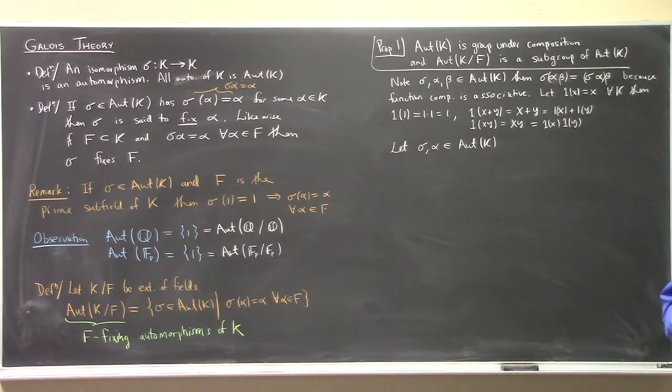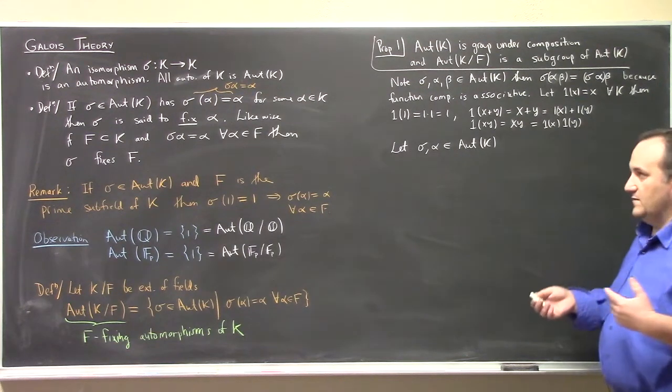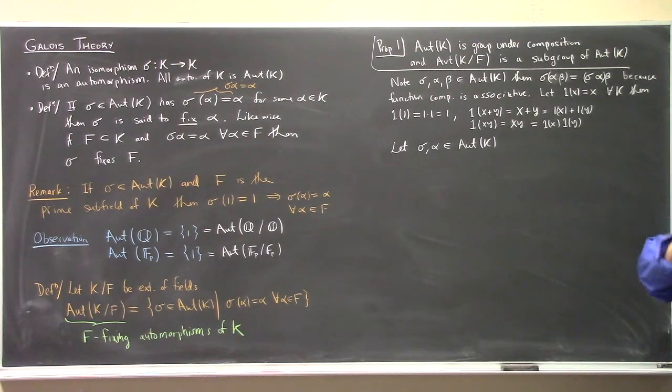We need to show that the composite of two isomorphisms is again an isomorphism, and we also need to show that it's closed under inverse, right? And once we have those, then we'll have all 4 things we need for it to be a group, right? Associative, has identity, closed under composition, closed under inverses.